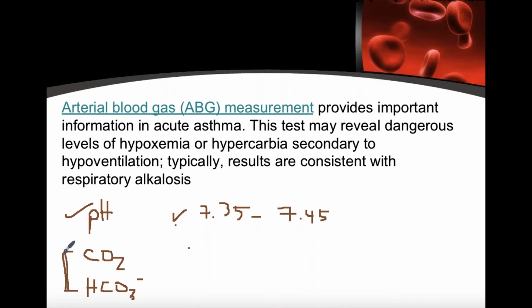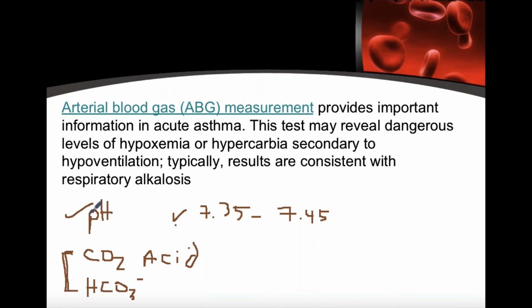Step two, you look at these other two labs and identify the one that is abnormal in the direction of your pH. Okay, what did I just say? So CO2 is an acid, bicarb's a base.